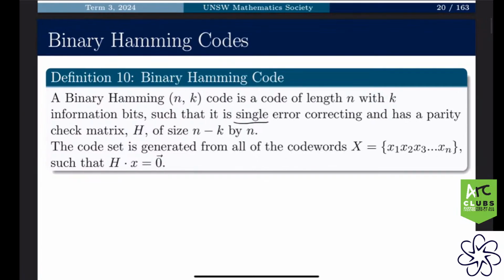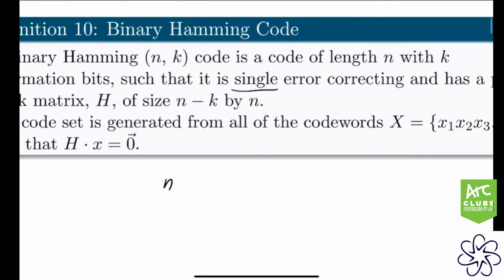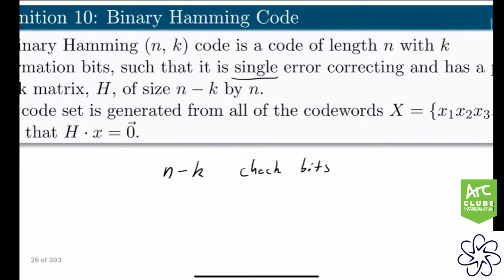I'll also add on here, note that we have a length n code word with k information bits, right? So that implies we have n minus k check bits. And I'll just write down k information bits as well.